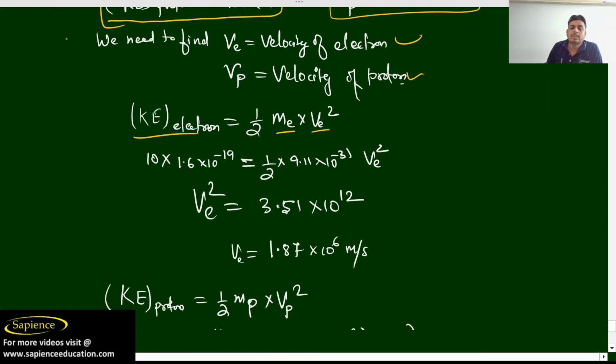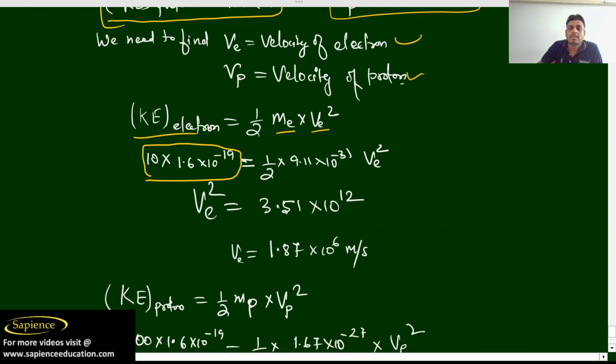So 10 into 10^3 into 1.6 into 10 to the power minus 19 is equal to 1 by 2 into mass of electron into velocity of the electron whole square. While using calculation, finally you will get that the velocity of electron is 1.87 into 10 to the power 6 meter per second.